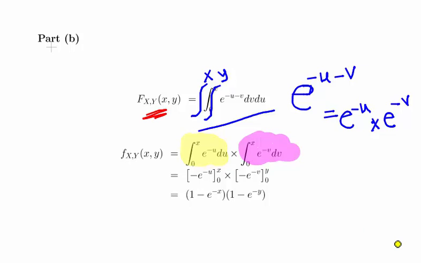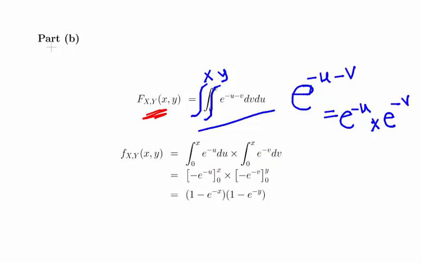We just totally separate the two entirely. So in both cases, it's e to the minus something that we're integrating: e to the minus u du and e to the minus v dv.